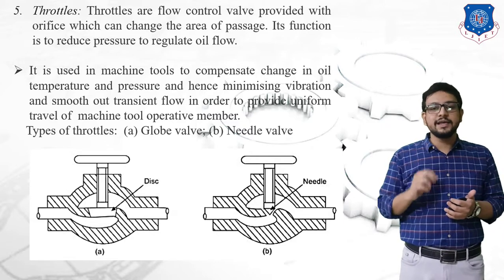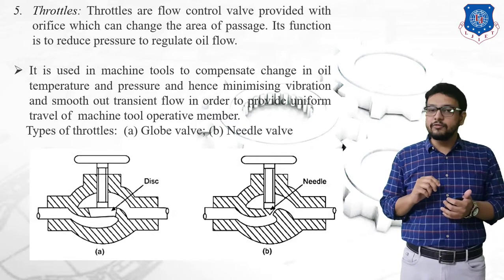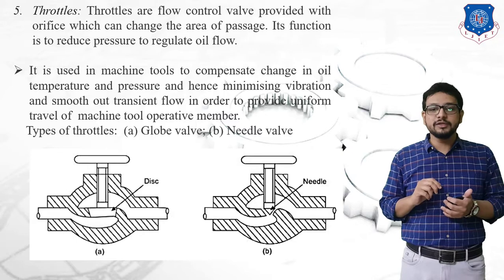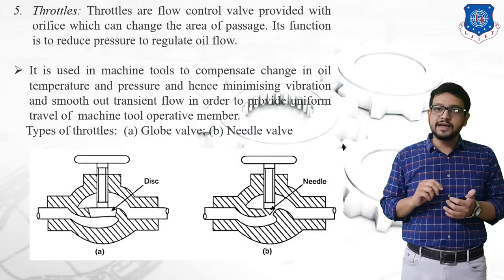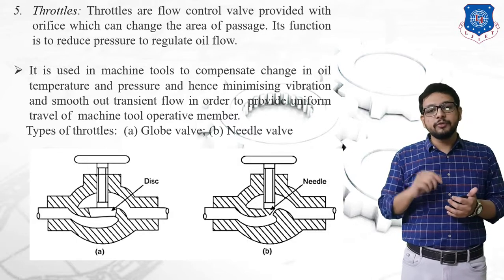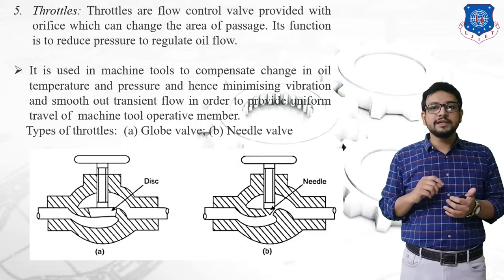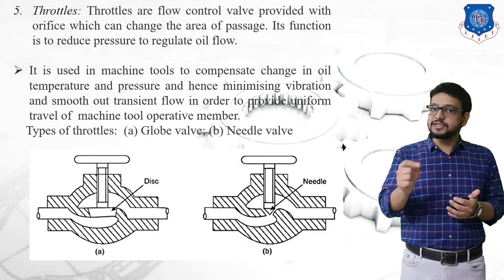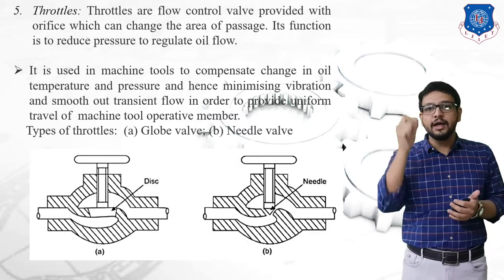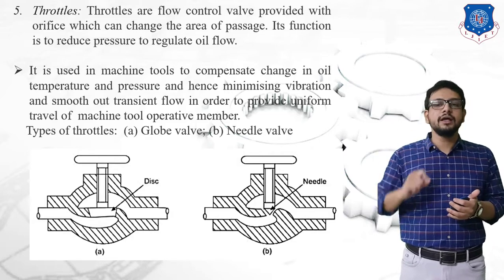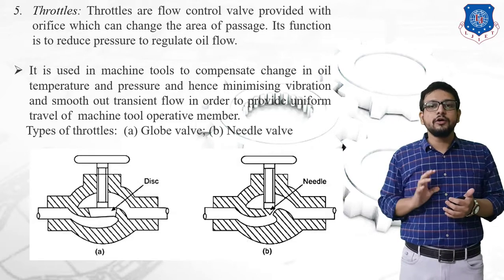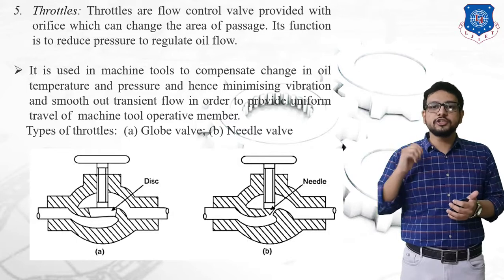Similar is the case with the second one, the needle valve shown. In that, a needle shape is kept at an opening inside the valve body, which means if we partially open this needle, there would be a narrow passage formed within the valve, and because of that, pressure reduction will take place, and at the exit of the valve we would get reduced pressure oil.